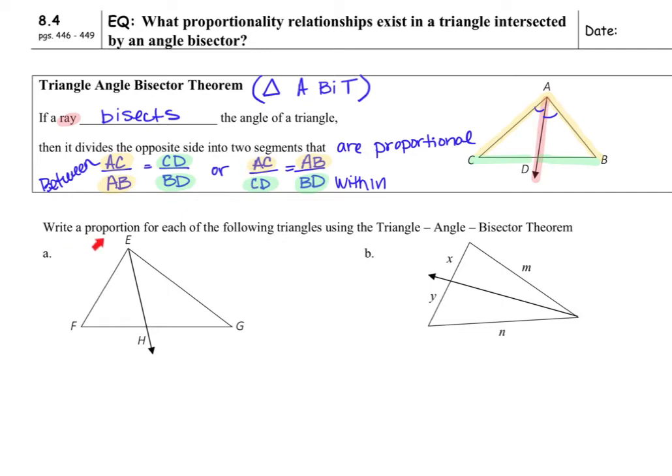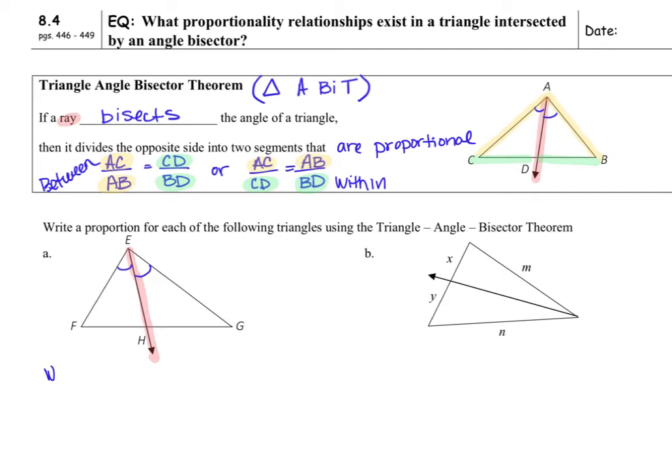Now let's practice writing a proportion for each of the following triangles below using the triangle angle bisector theorem. So we have ray EH that is bisecting triangle EFG. Because this ray is bisecting angle E up here, that means that angle FEH is going to be congruent to GEH.